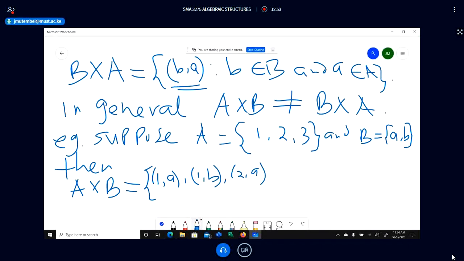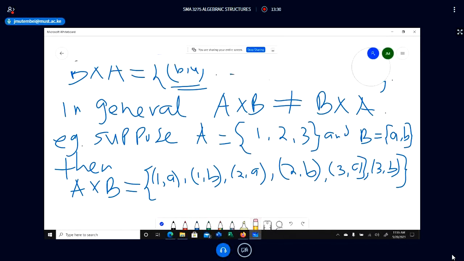The first entry is from set A, the second is from set B. That collection of points represents the Cartesian product of A and B. Throughout all the pairs, the first element is from set A and the second is from set B.